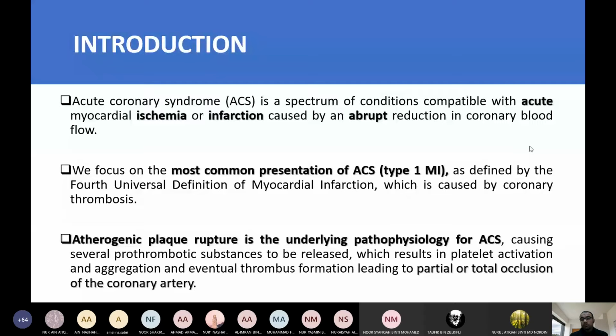This rupture opens the door for many prothrombotic substances to be released, and platelet activation and aggregation start to take place. At the very end, thrombus formation occurs, and as a clinical endpoint we have a partial or total occlusion of the coronary artery, which is very dangerous and very serious, of course.